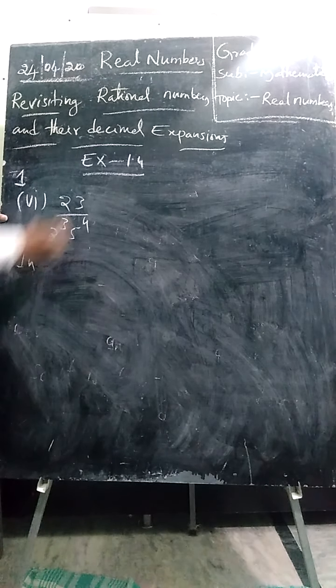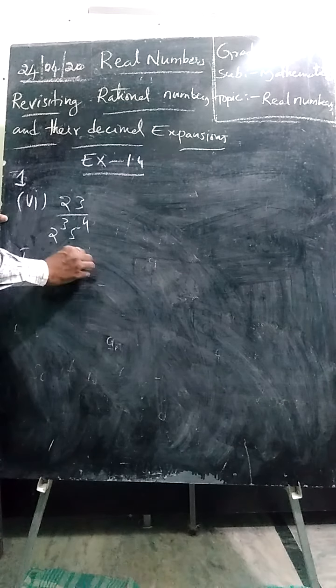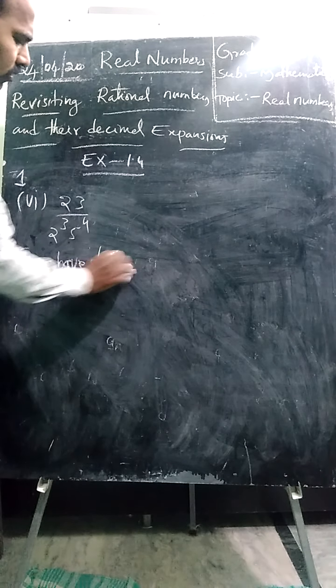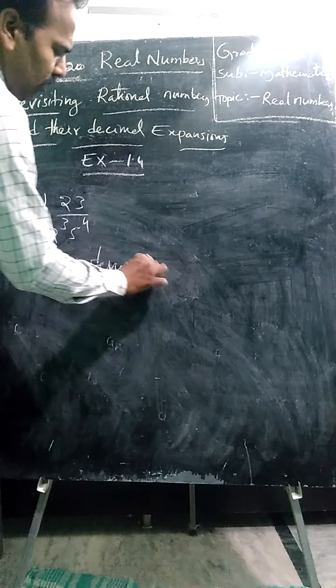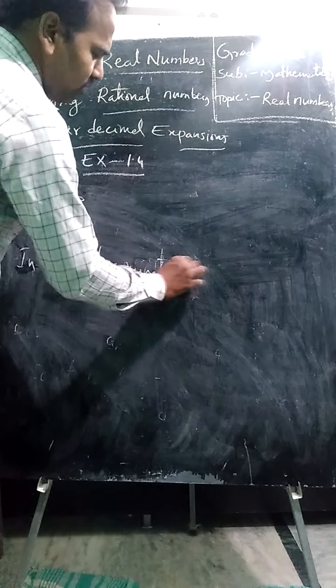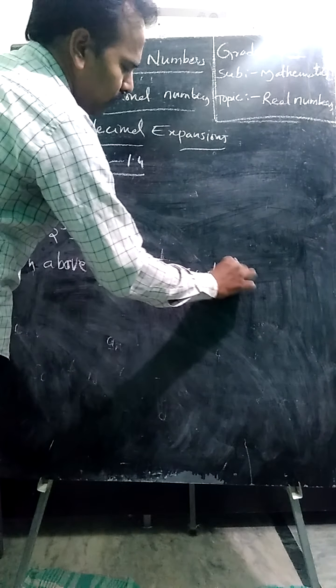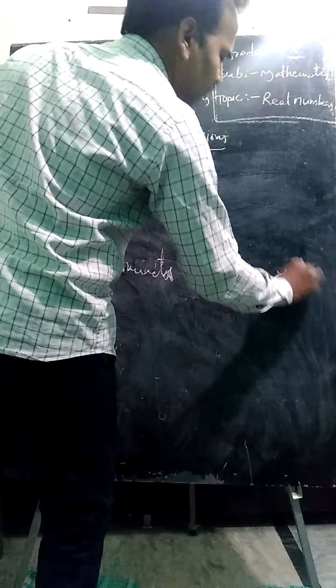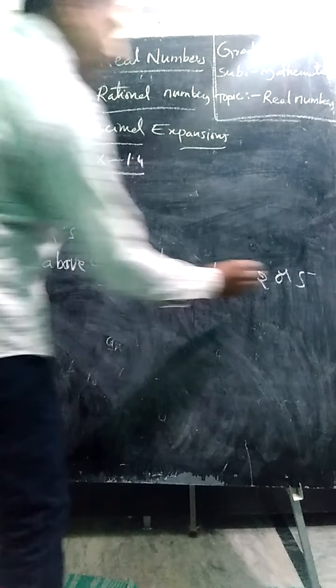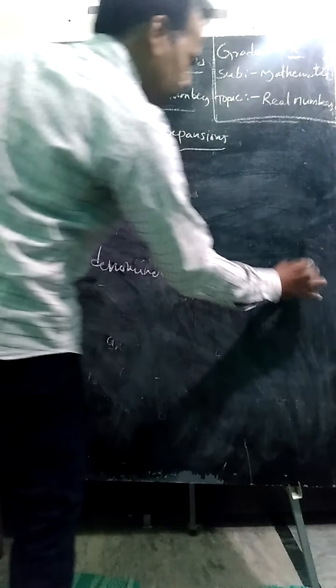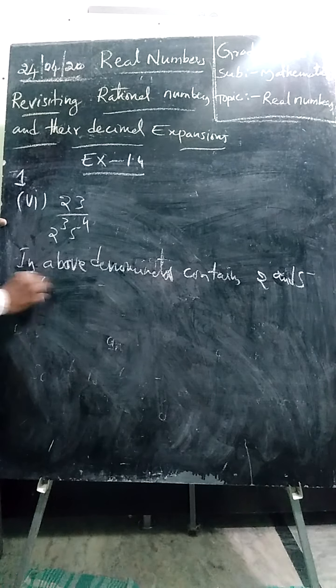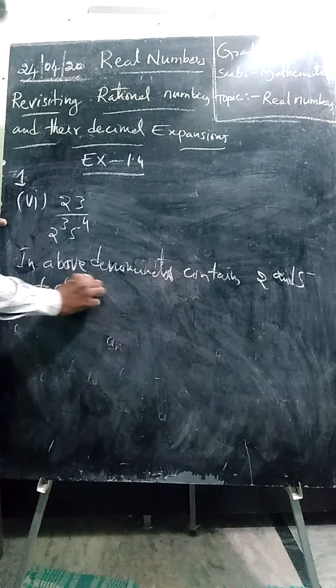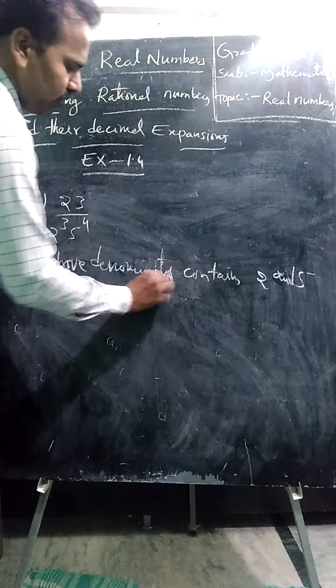If it is given directly in this form, we can write directly, students, that the denominator contains 2 and 5, because both 2 and 5 are there as factors. So it is a terminating decimal.